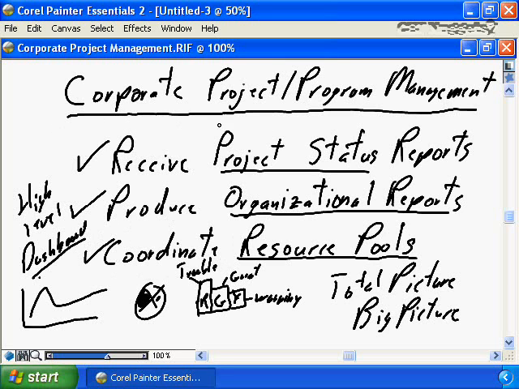So as I said, a very common aspect of the PMO is this corporate wide-level view of project program delivery to ensure that the big picture is known throughout the organization.